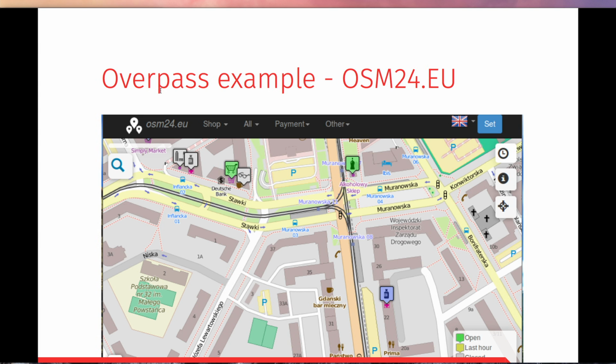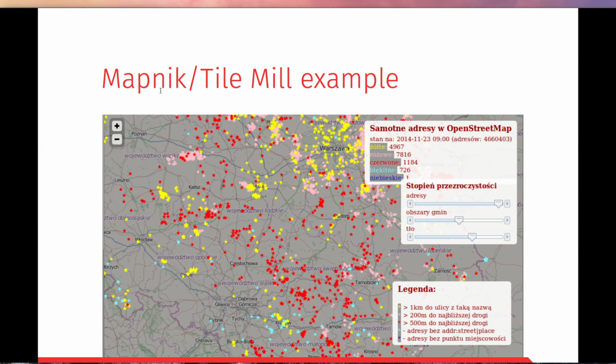You can choose the need or category of the object you're interested in, and it shows color-coded where you can find something. You can see that on Stawki Street there was at that time an open supermarket and a closed, probably, pharmacy. So this is one example that uses Overpass, without a database behind it.